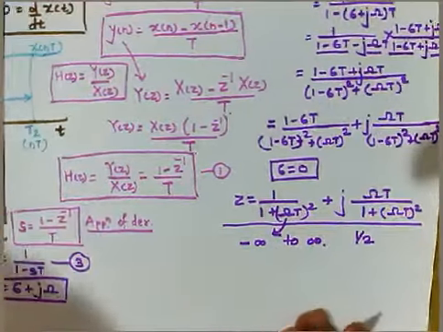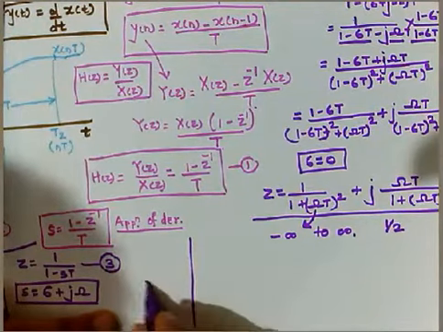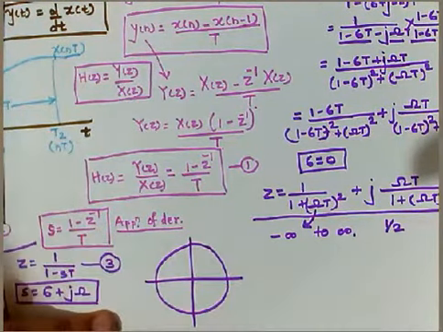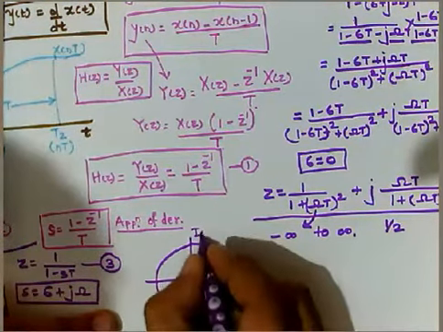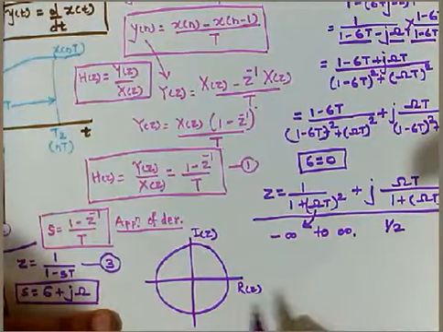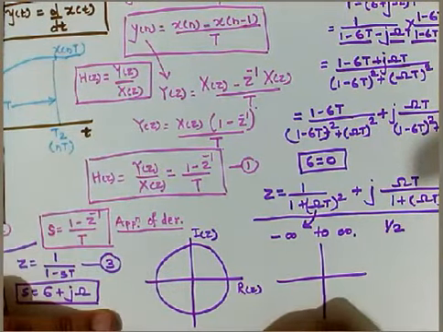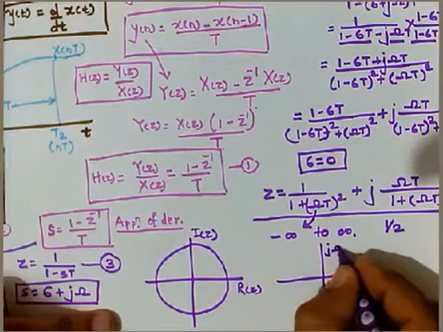For this mapping, let's say this is the real part of z and this is the imaginary part of z, and this secondary part is sigma and this is j omega.